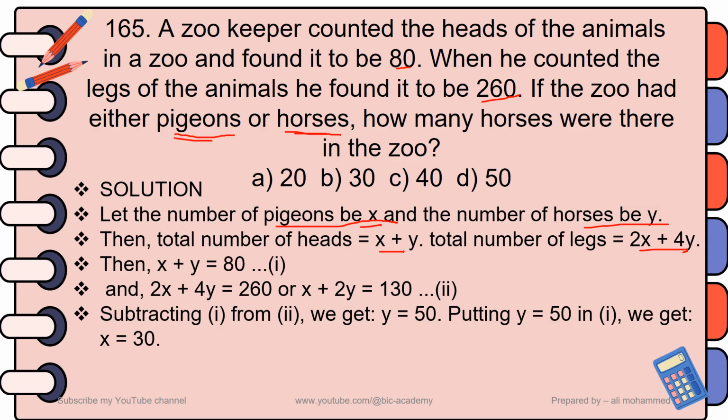X means pigeons and Y means horses. So the number of horses is 50 and the number of pigeons is 30. So your answer for this question is choice D, 50.